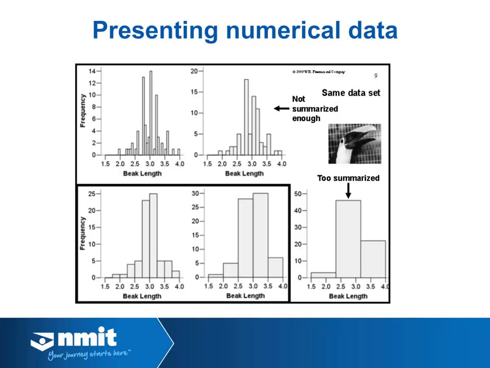And in the bottom right, which is probably a little too summarised, the ranges are 0.5. And then the far bottom right, the ranges are about 0.7, and that's far too summarised. It's hard to get the pattern in the beak lengths with that. So I'd say probably the optimal one there is that bottom left one with the beak size between 0.25.